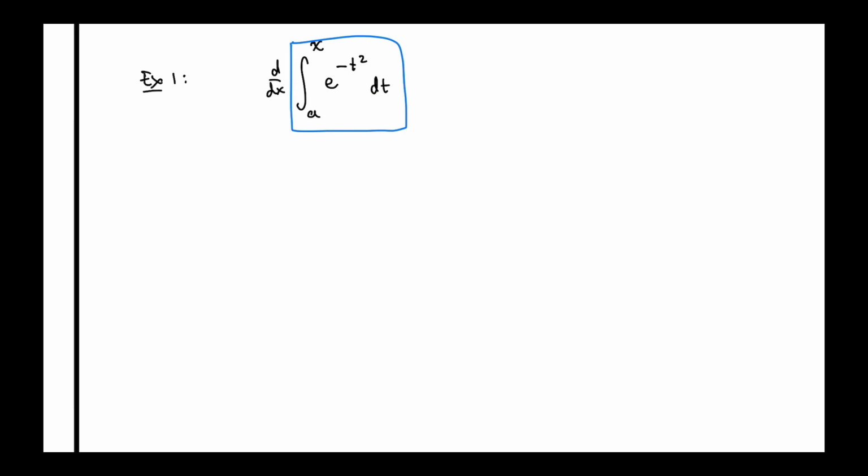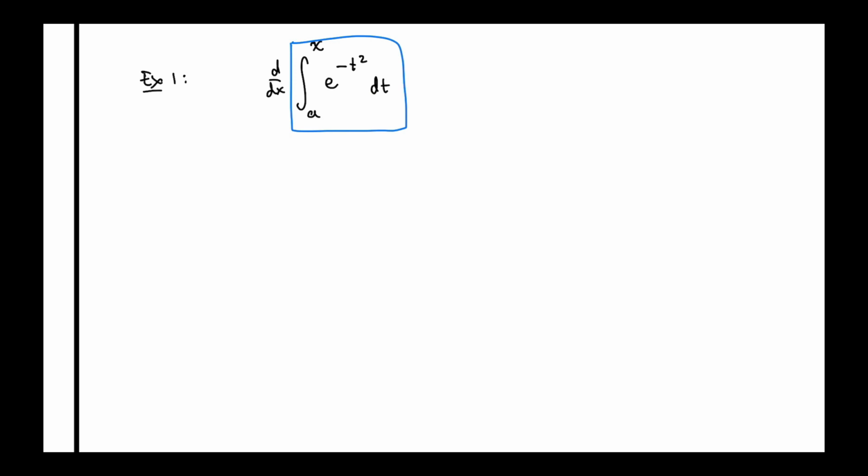Well, what does this part mean? It's an area between a and x underneath this function, and I just picked for funsies e to the minus t squared. So that's some sort of area thing, and it's going to be an answer in terms of x. So it's a function in terms of x. Well, if it's a function in terms of x, can't I take its derivative with respect to x? Sure.